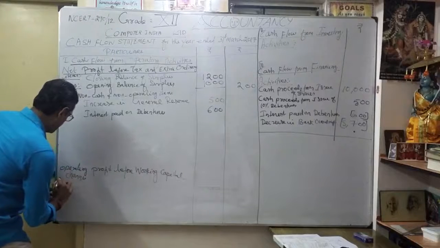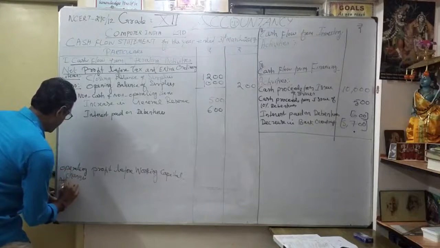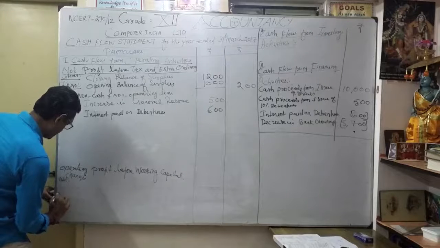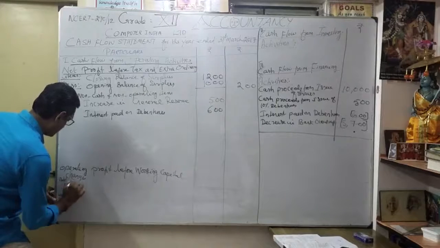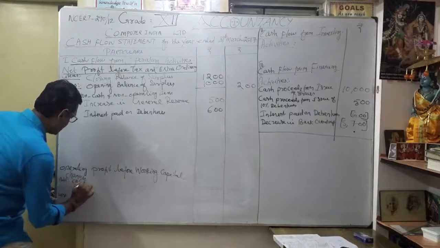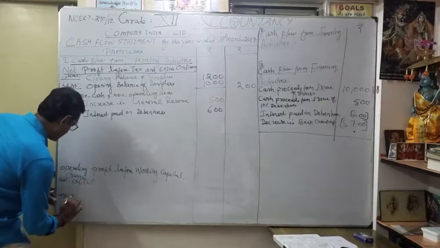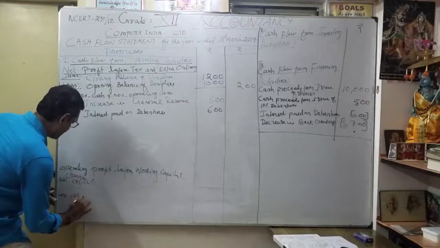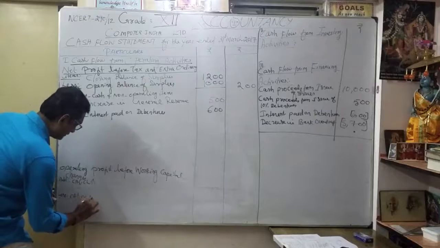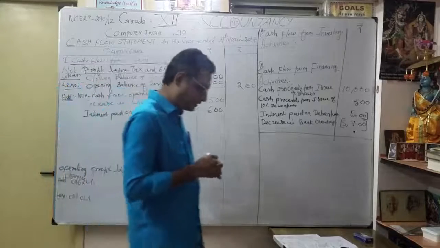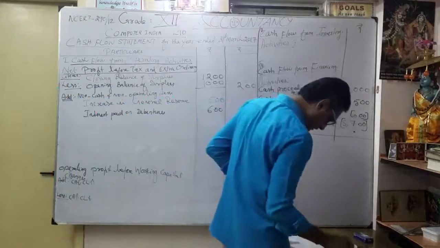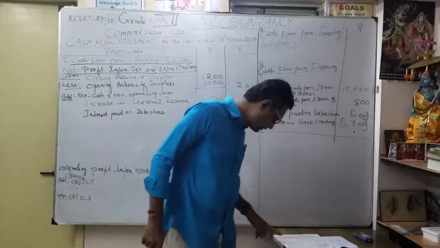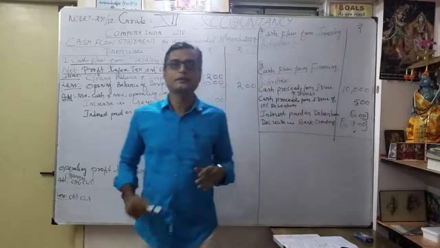So under that you know what should be added and what should be deducted. Okay, you know current asset decreased, current liabilities increased. Similarly, current asset increased, current liability decreased. So here current liability increased or decreased? What is the current liability? The current liability is our trade payable. 12,000 become 11,000.